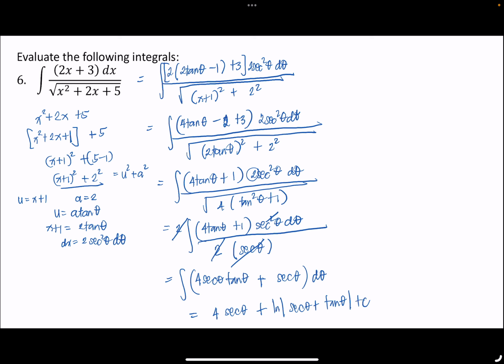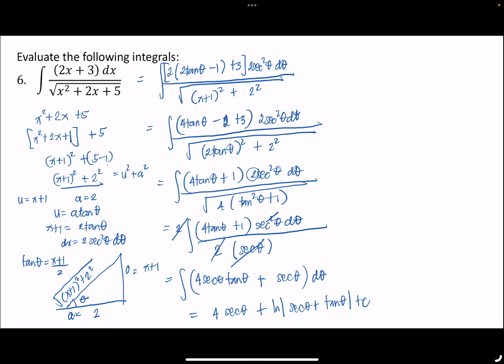We form now our triangle. Tangent theta is x plus 1 over 2, and for tangent, it is opposite over adjacent. Opposite would serve as your x plus 1 and adjacent is 2. For the hypotenuse, we apply the Pythagorean theorem. We have x plus 1 squared plus 2 squared.